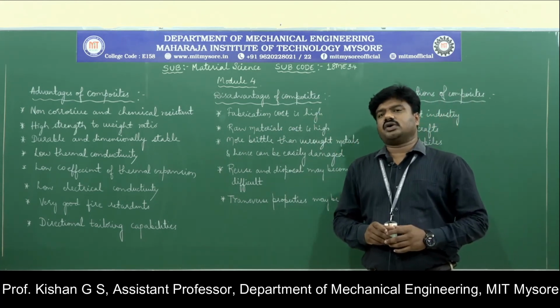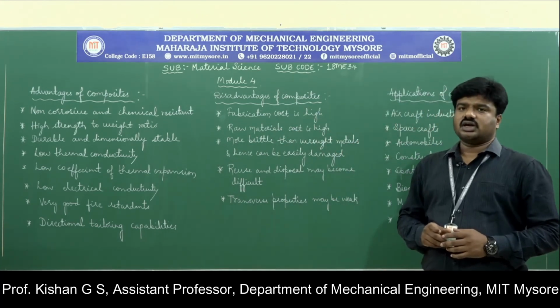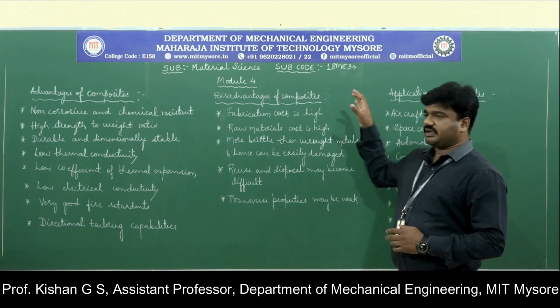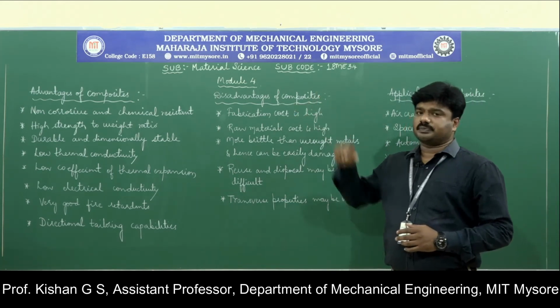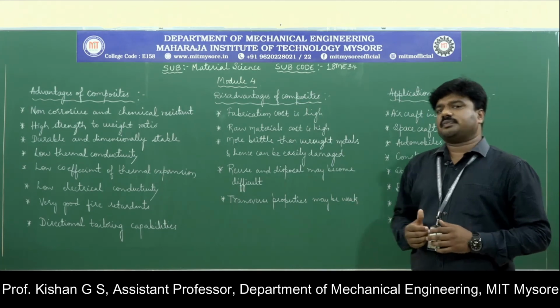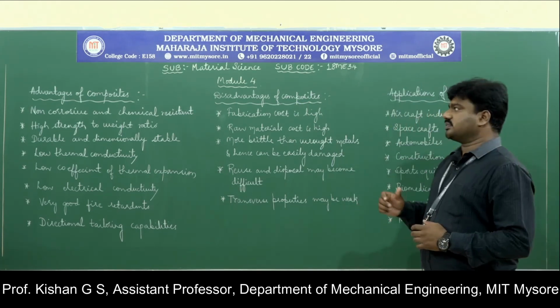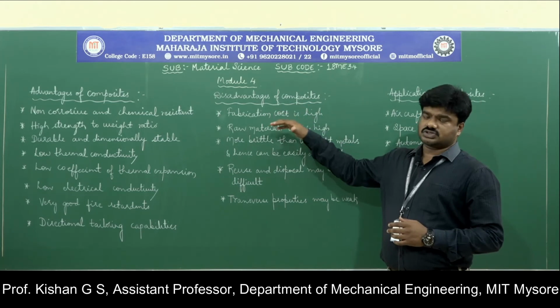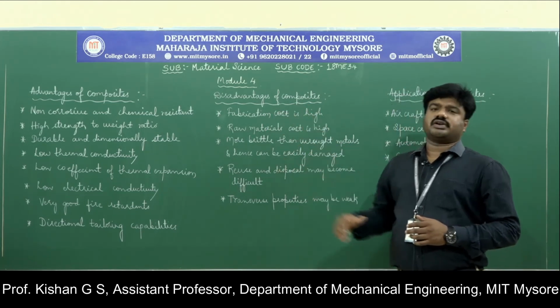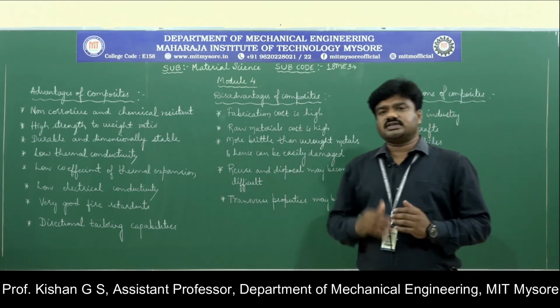Next come the disadvantages of composite material. Since we have a combination of two or more materials, developed or prepared to meet a targeted application, the main factor that comes into the picture is the fabrication cost. Majorly, the disadvantage in the case of composite material is the cost factor.